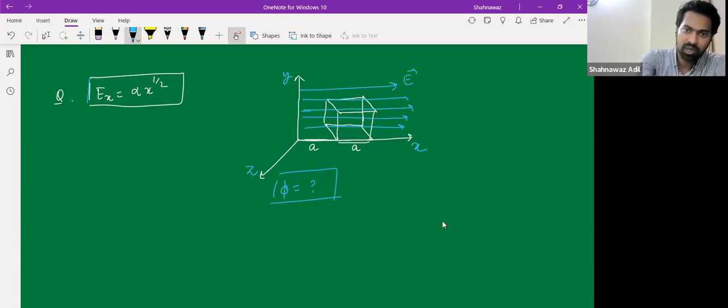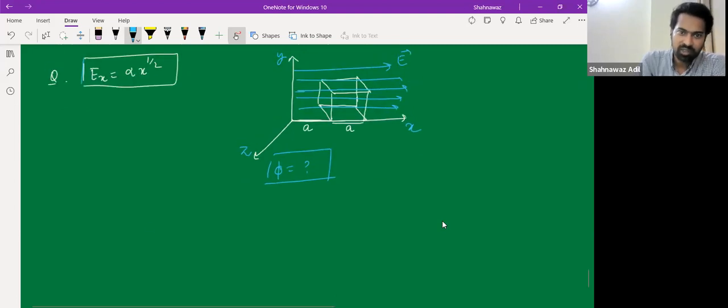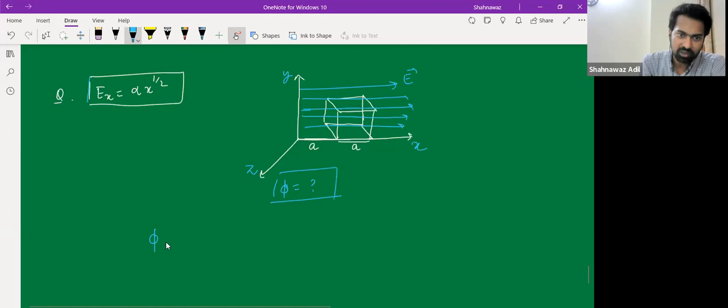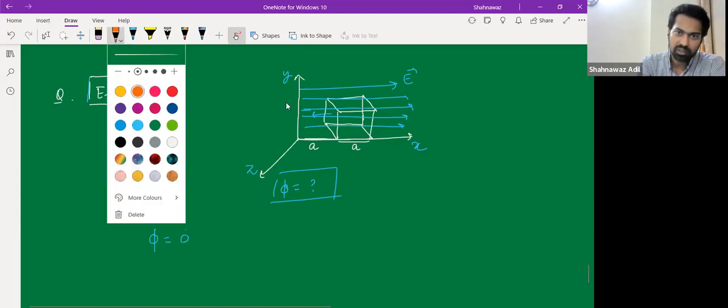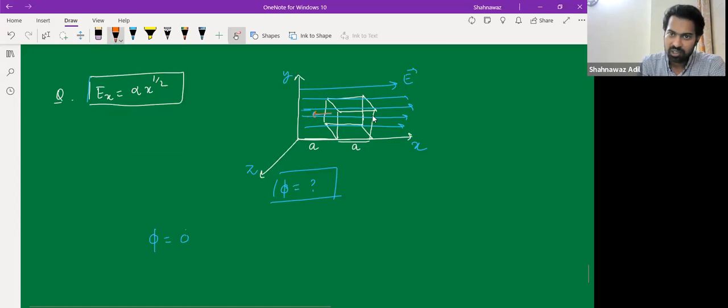So the flux would be how much? The total flux in the closed surface, how many surfaces are there? Six, right? So this is left, this is right, this is up, this is down, this is front, and this one is back.